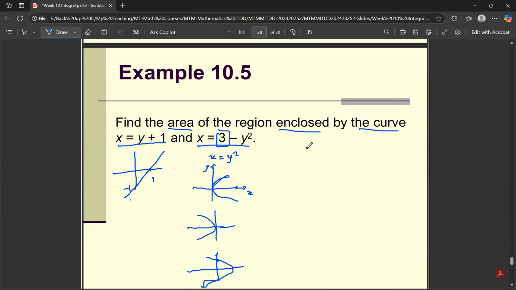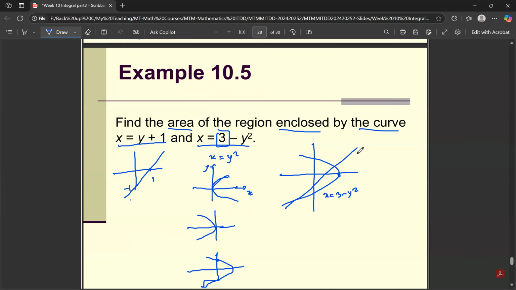Okay, now we combine them in one graph. We have it like this one maybe, and then we write x is equal to 3 minus y squared.